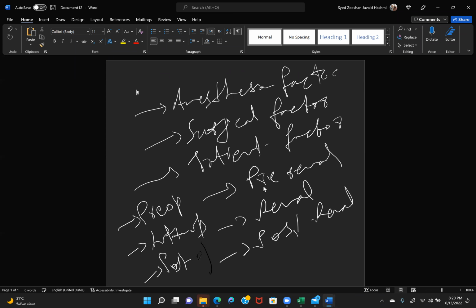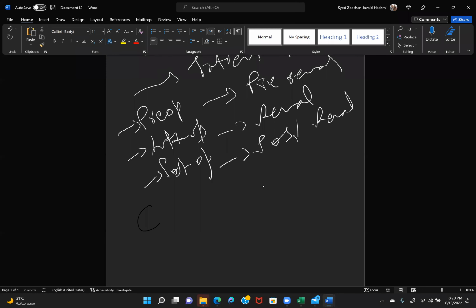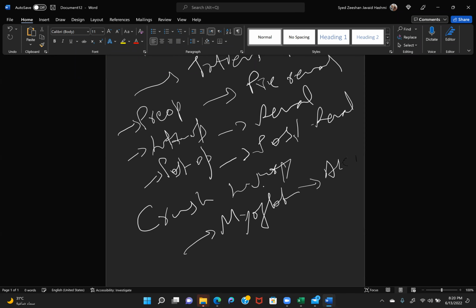Okay. So in that way, you can divide it. For example, if the patient has a crush injury, the crush injury will cause myoglobinuria, which can cause acute kidney injury. So this is one of the factors in which there may be renal failure ultimately.